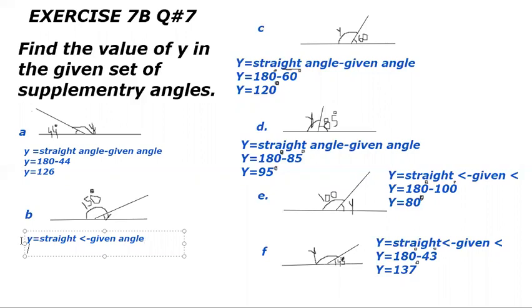Okay, this is the formula to find an unknown supplementary angle. Put the values. Angle y is equals to straight angle, which is always equals to 180 degree.